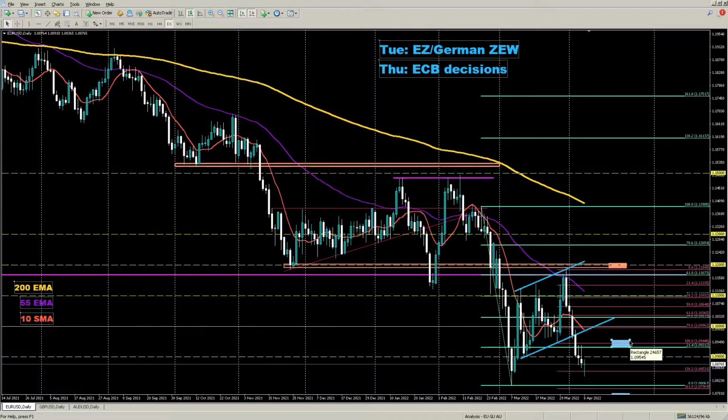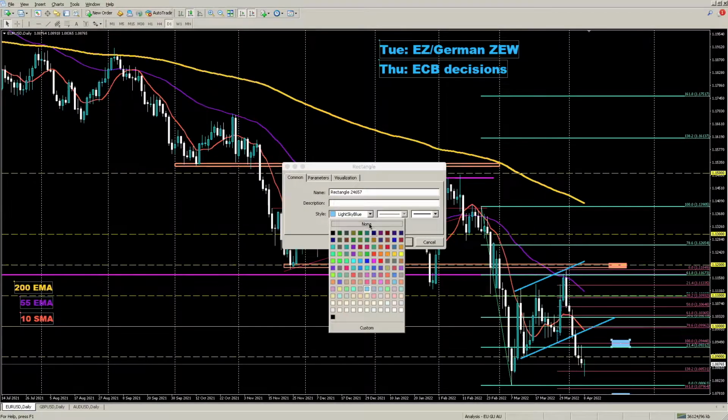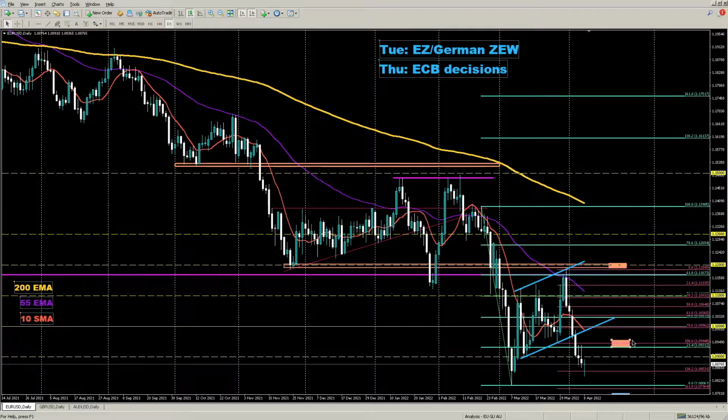So this zone could now be a potential resistance zone. And we can move this one away and likely have this here between these two Fibs with this swing low.